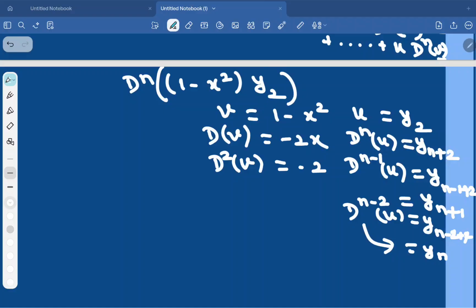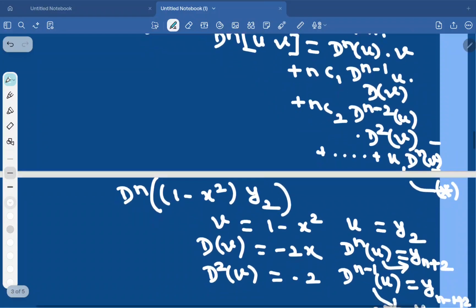This is d power n minus 2 of u, this is d power n minus 1 of u, this is d power n of u. Substitute all these in star. That is our Leibniz theorem.